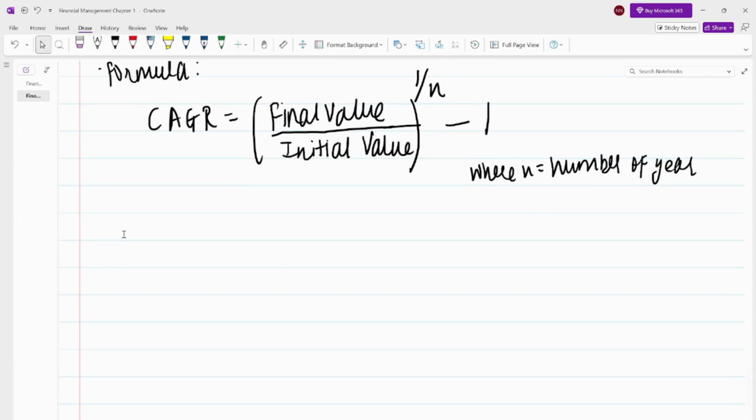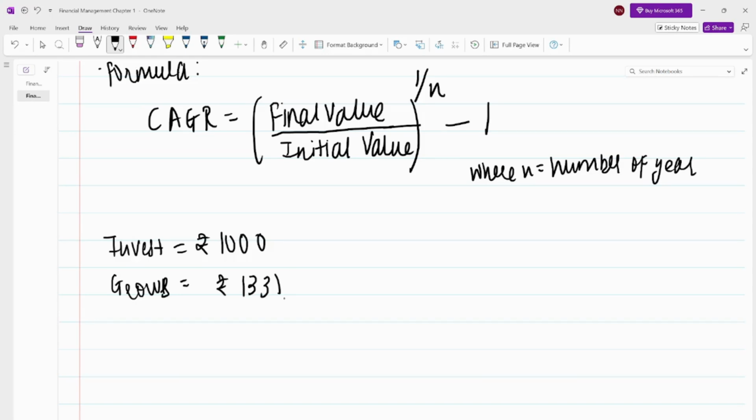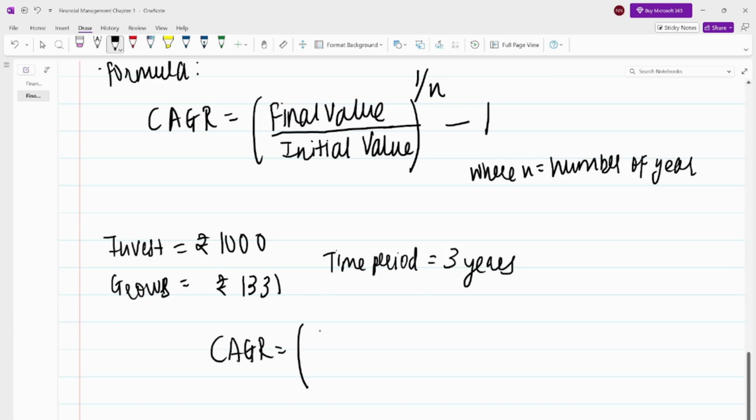So an example is, if the invested amount is 1000 and it grows to rupees 1331 and the time period is 3 years, we can calculate the CAGR as 1331 upon 1000 raised to 1 by 3 minus 1.